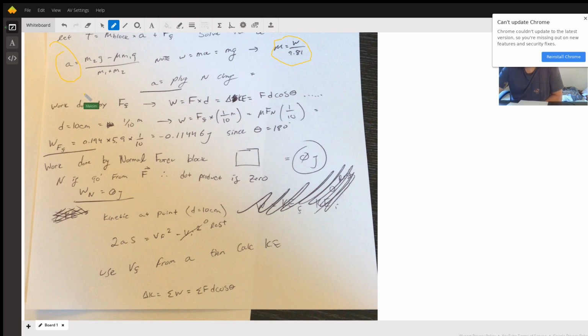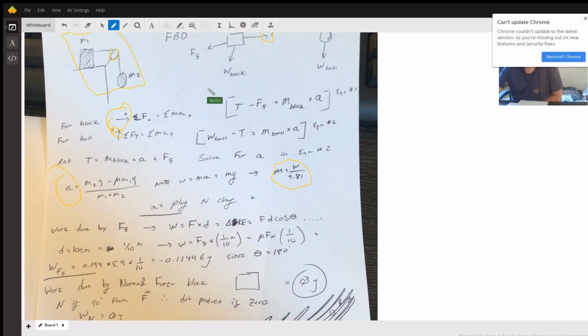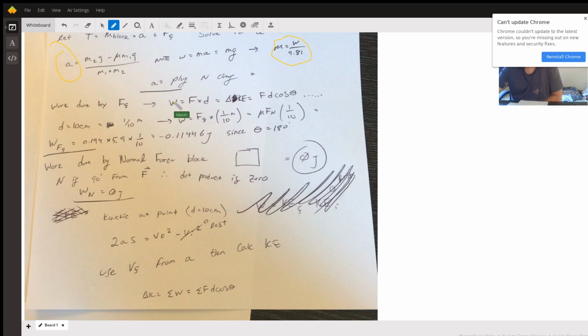The next question was to find the work done by the frictional force. So the frictional force here is right here. And we know by definition work is, depending on what level you're being taught, you may see a lot of different variations of work.